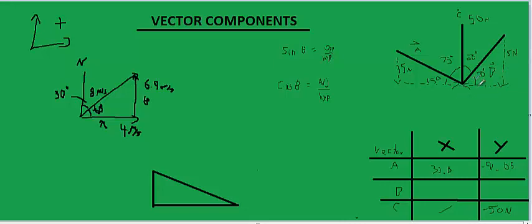So the sine of 70 degrees times 15 newtons, which is 14.09.